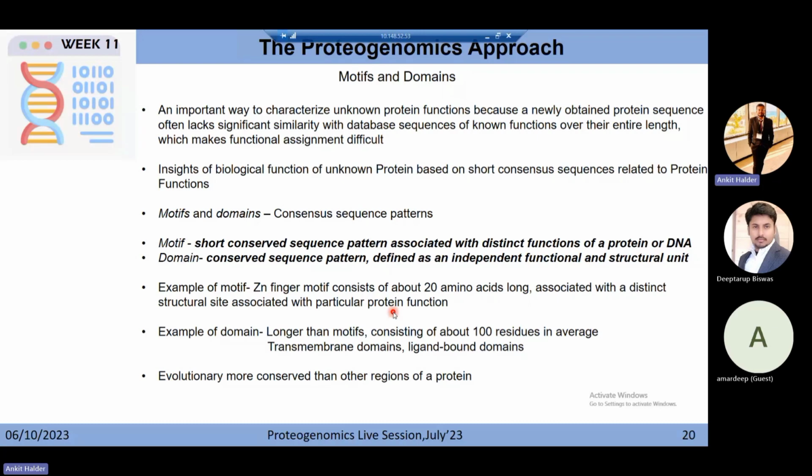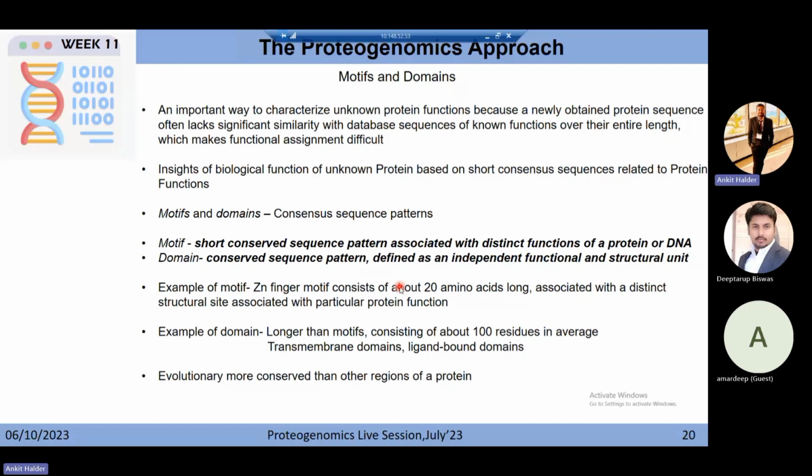If you have any doubt between motif and domain, a domain is also a conserved sequence pattern, which is an independent structural and functional unit. The major difference is that, while both are conserved sequence patterns, a domain is itself a complete structural and functional unit. The length of the domain is such that it is able to function individually, but a motif is not.